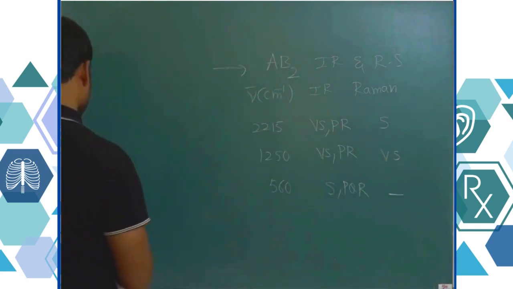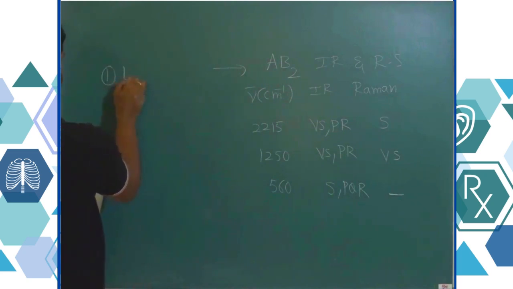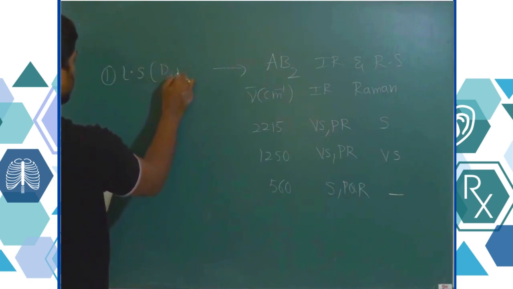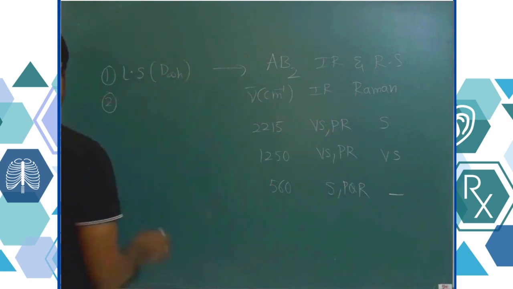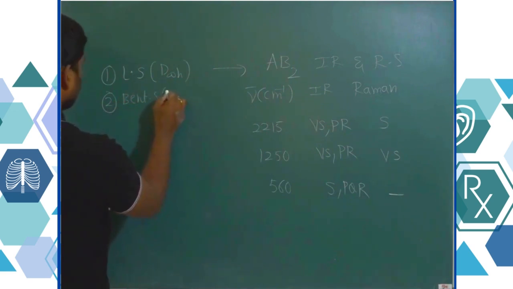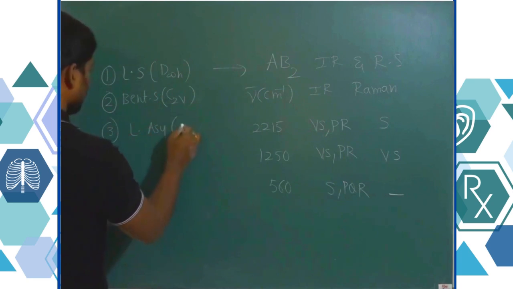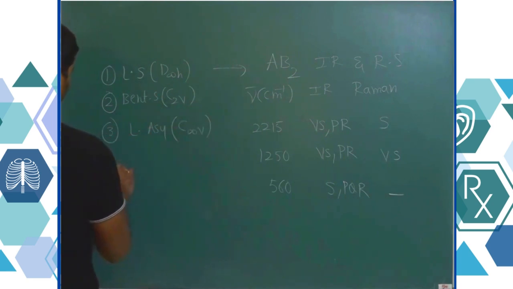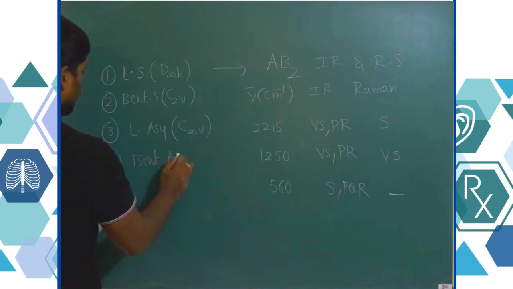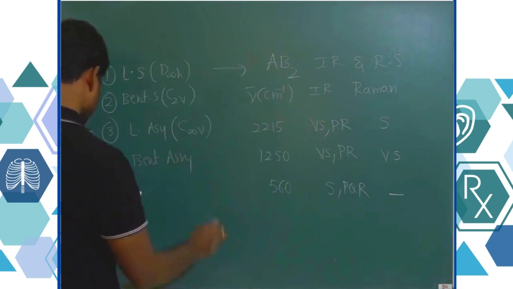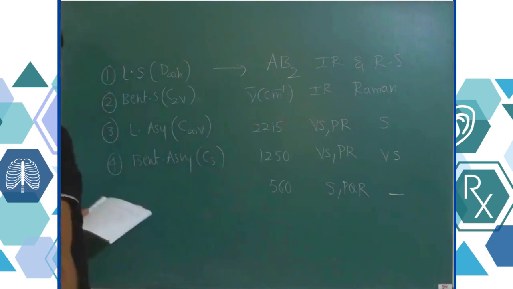The structure of the molecule is: linear symmetrical D∞h, bent symmetrical C2v, linear asymmetrical C∞v, or bent asymmetrical Cs.